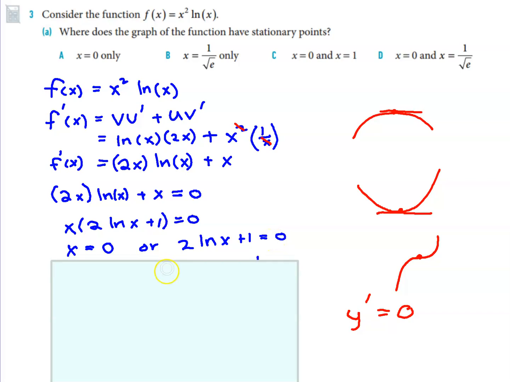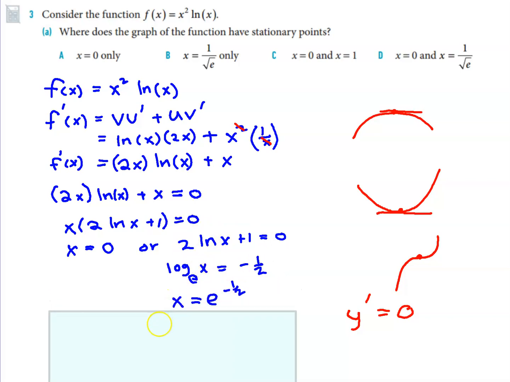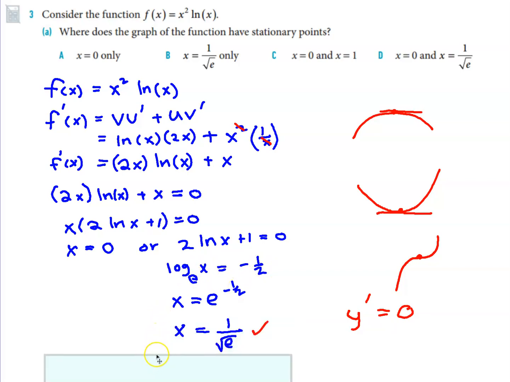Okay, so all I've done there is I brought the 1 to the other side to make it -1 and divided by 2. So log to the base e of x is -1/2. And then rewrite that as an exponential. So x equals e to the -1/2. And you can write that as x equals 1 on the square root of e.